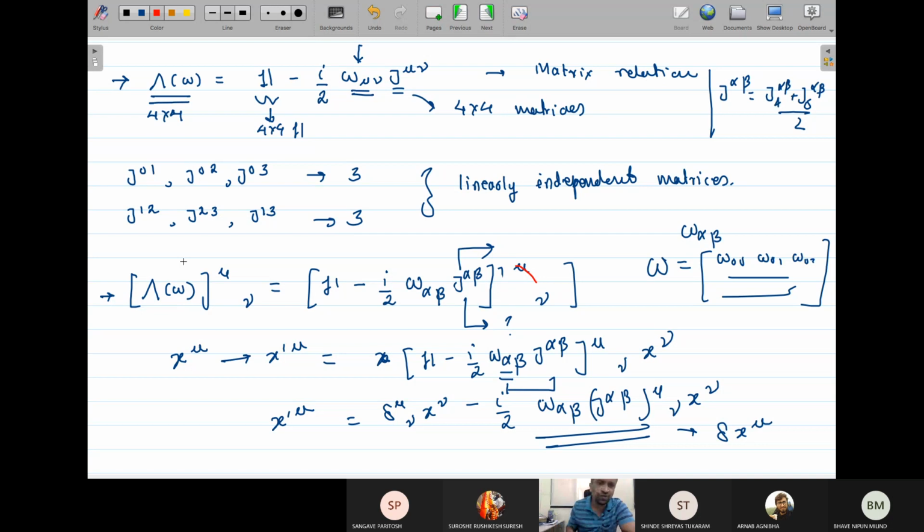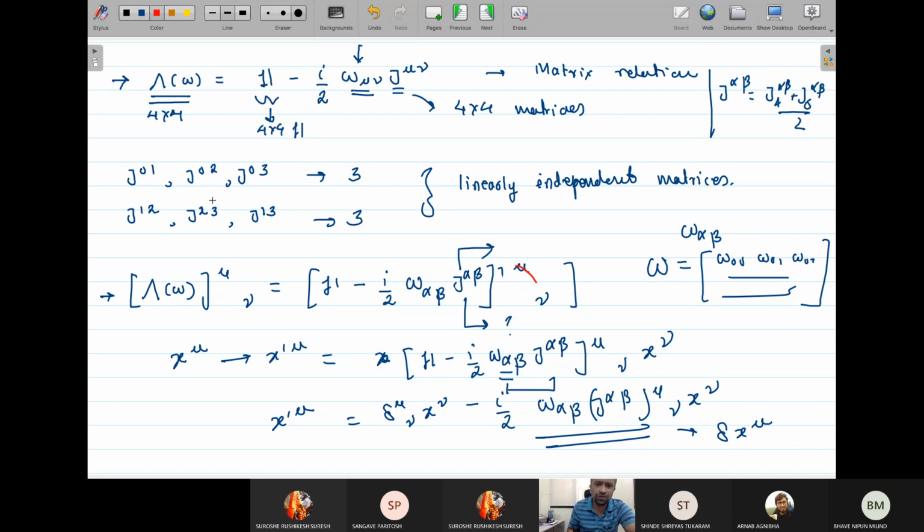The boost preserves the line element, but also the rotation, because if we rotate in the xy plane, yz plane or zx plane, we do not change the line element. So rotation obviously is a Lorentz transformation, a sub part of it.